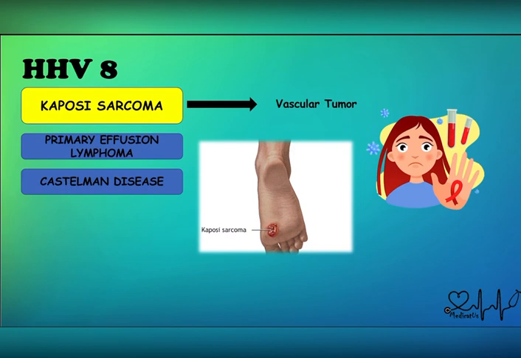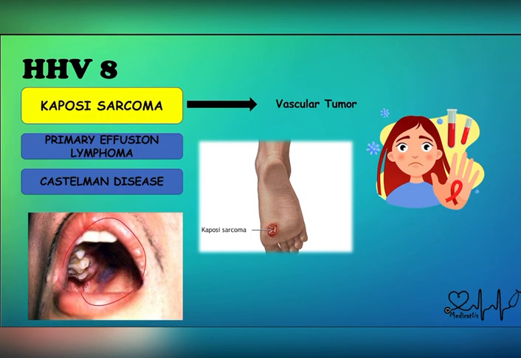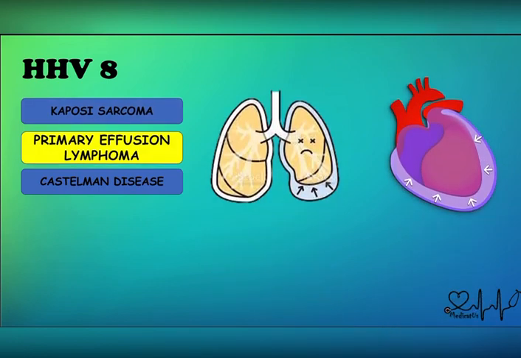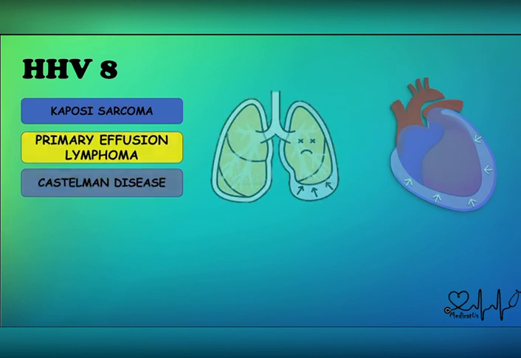And the second most common site is lymph nodes, as you can see here. Now about primary effusion lymphoma. It is clinically associated with patients who have a history of a lot of effusions, like pleural effusion, pericardial effusion, and other effusions. This was all about primary effusion lymphoma.